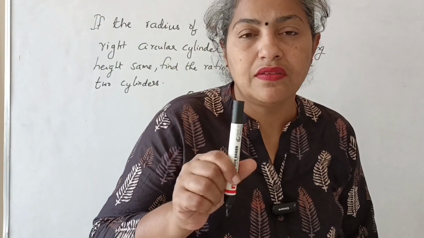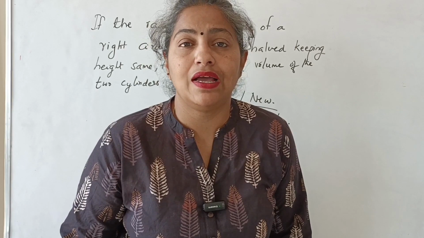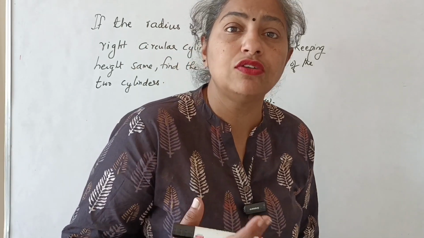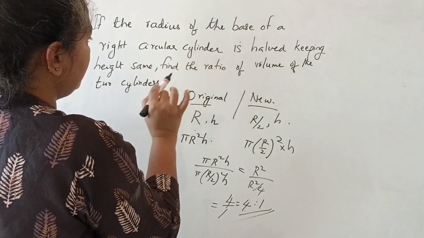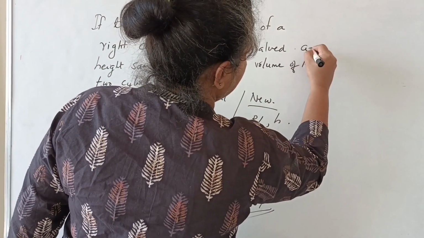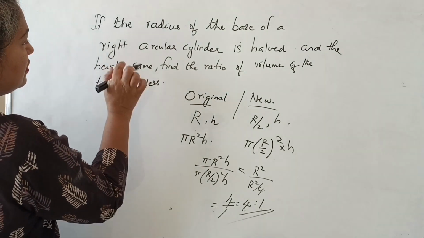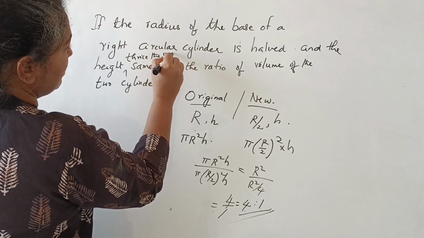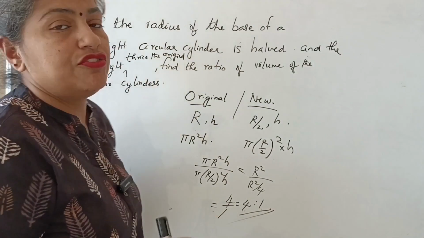Okay. Suppose in the same question, instead of keeping height the same, I am making the height 3 times the original height. So if the radius of the base of a cylinder is halved, and the height is thrice the original one, find the ratio of the volume.